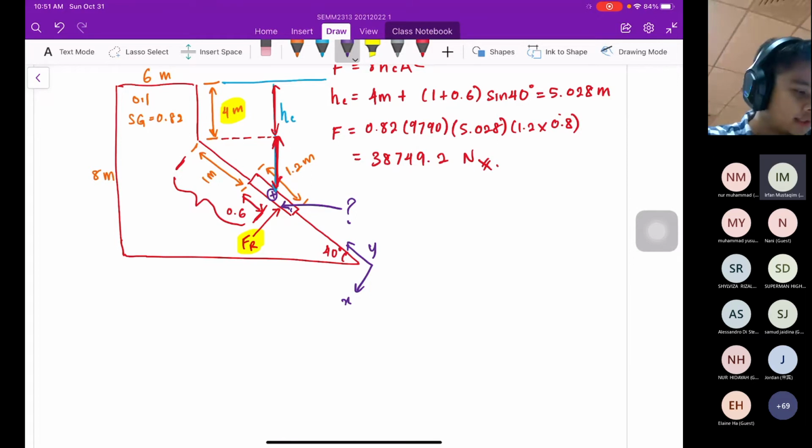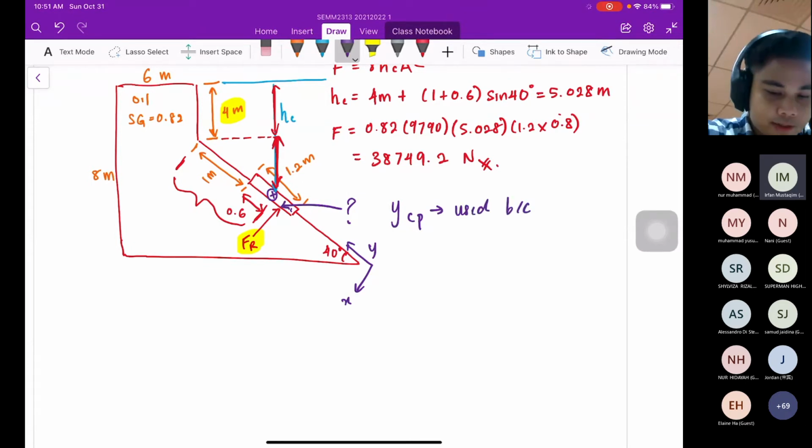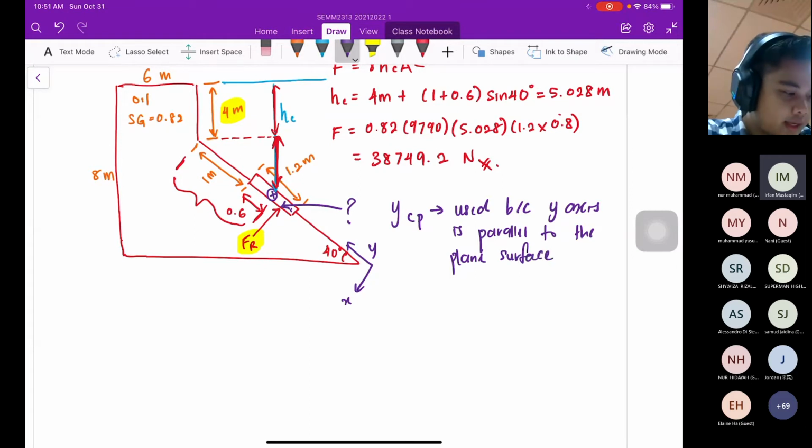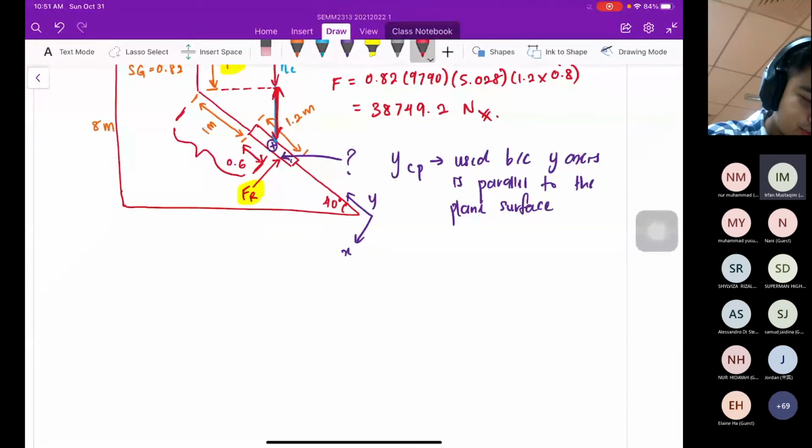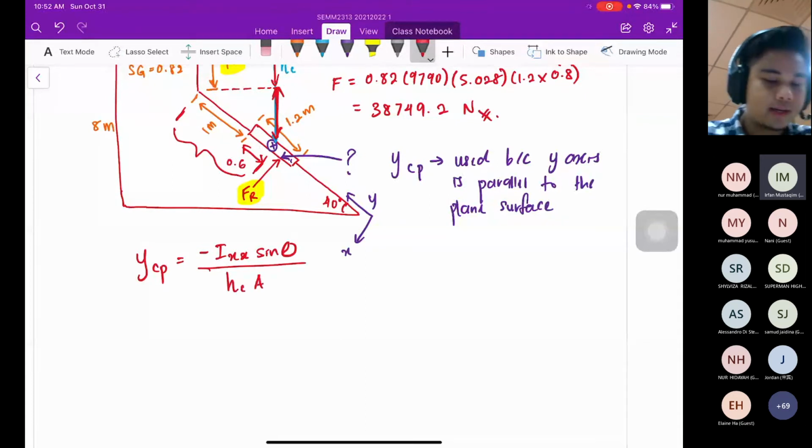So I'm going to use YCP, because the y-axis is parallel to the plane surface. So our initial equation: YCP is equal to negative Ixx sine theta over HC multiplied with the area.